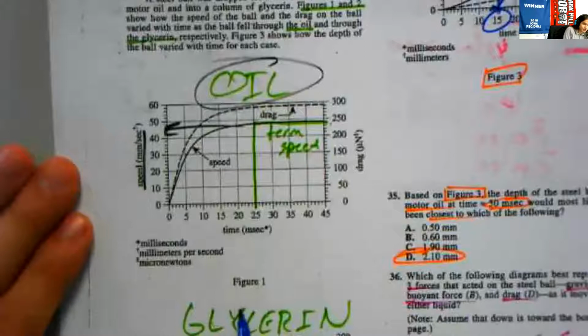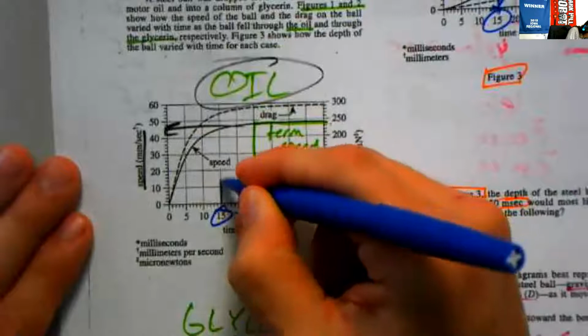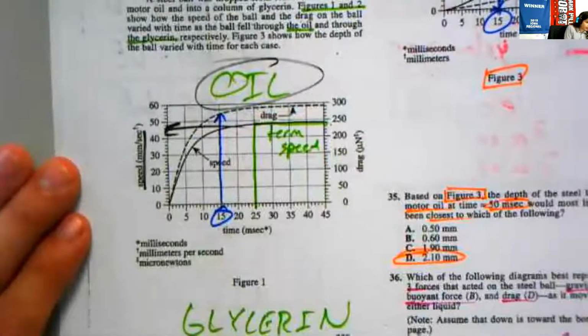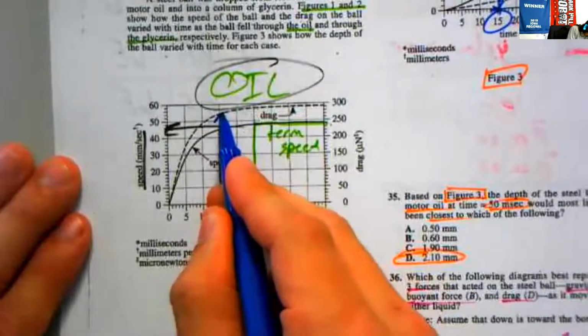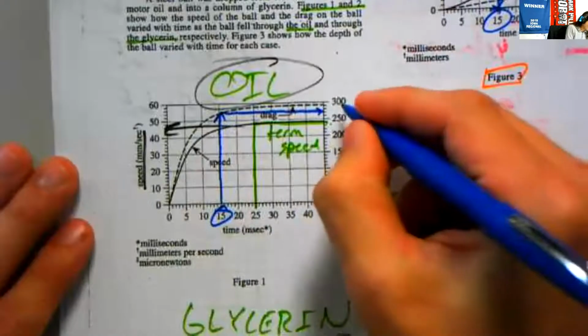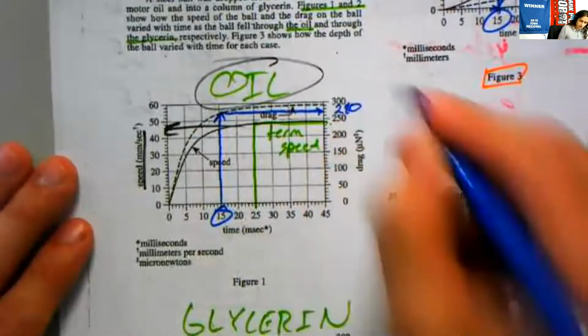I go back to figure 1. I go to 15 milliseconds. I go up to the drag curve, and I go over to the drag axis, and I've got a value right about, oh, what is that?